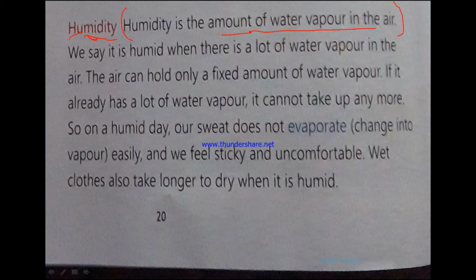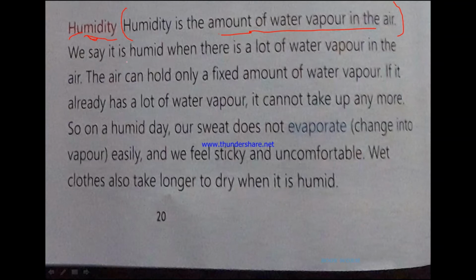When the water vapor is present near the surface of the earth along with the air, it is known as humidity. We say it is humid when there is a lot of water vapor in the air. For the past 2 or 3 days, the weather has been very hot, right? We are feeling very uncomfortable. This is because the air has a lot of water vapor in it.